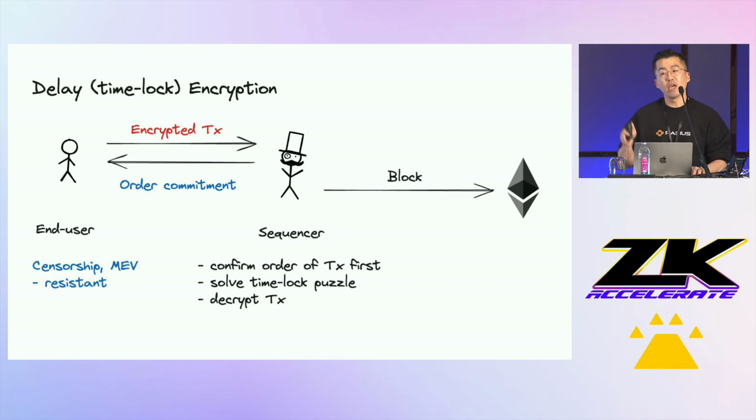During this delay, the sequencer needs to respond to the user with this order commitment. That's where MEV resistance comes in as well. The end user can get a guarantee from the sequencer about the order with this order commitment. This order commitment is signed by the sequencer, so the end user can be sure that his transaction will be included in the next block.